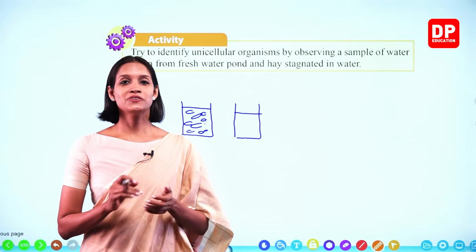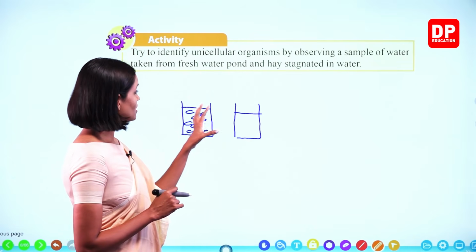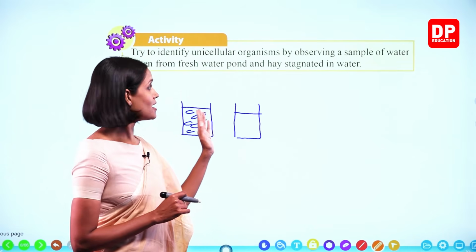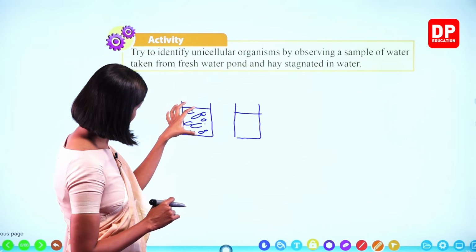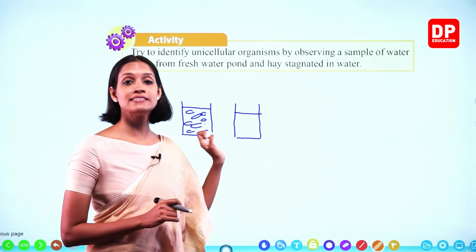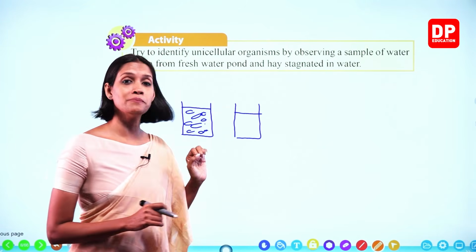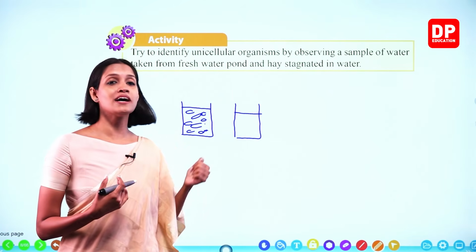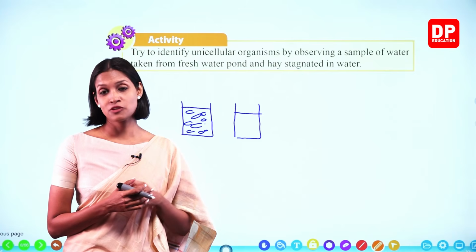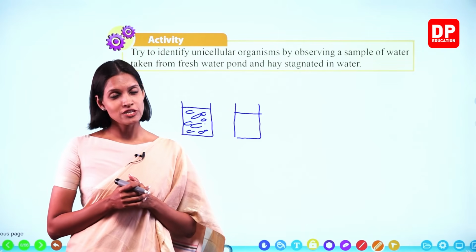I showed you all the microscopic view of these 2 samples, the water taken from a freshwater pond and hay stagnated water. Right? And I also showed you all the permanent slides of those unicellular organisms. So I hope you understood this part now.